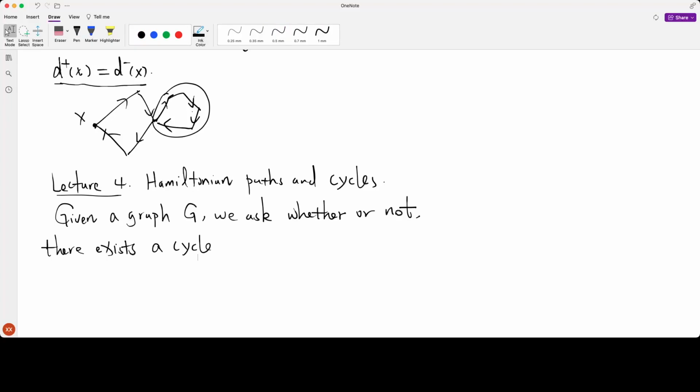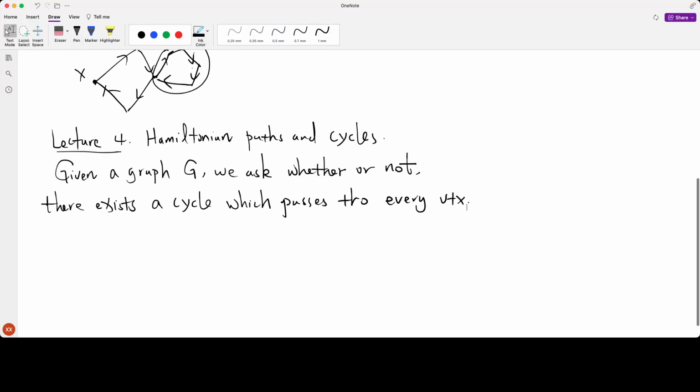So it's two different questions, but it's okay. So let's only write one: a cycle which passes through every vertex. You can ask a similar question about the path. If you have such a cycle, you call this cycle a Hamiltonian cycle. And if you have such a path, you call this a Hamiltonian path.